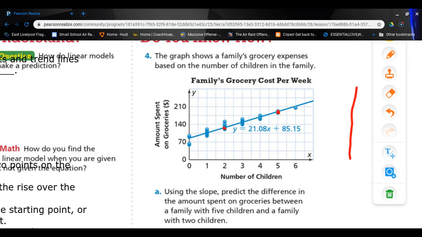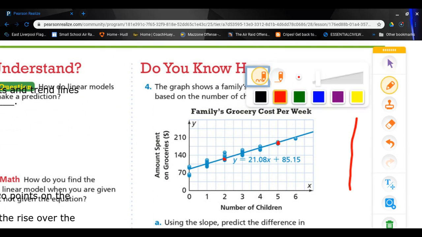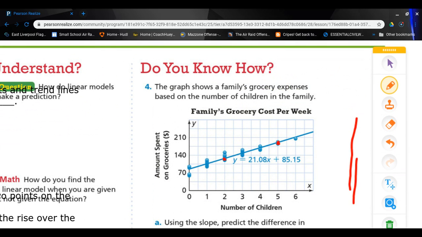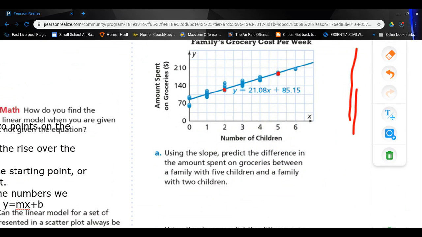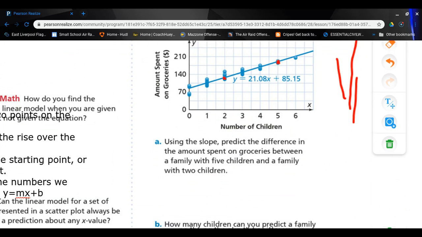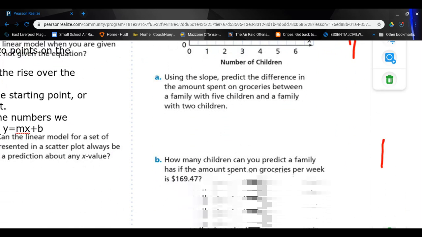Let's set this up. 169.47 is going to be equal to 21.08 plus 85.15. Let's come down here where I have room.